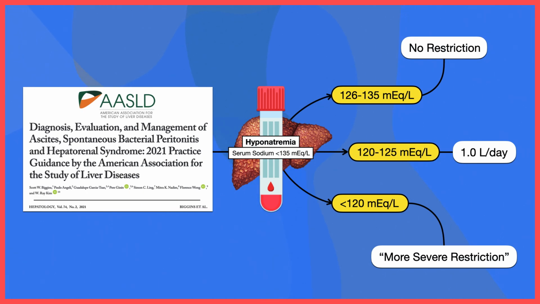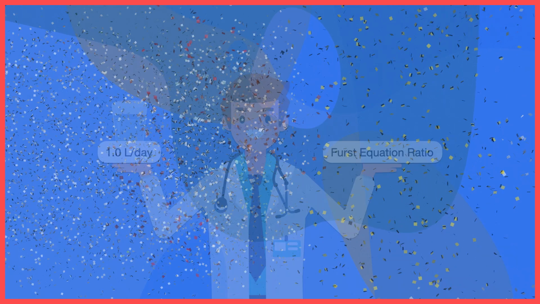For cirrhosis, they recommend no fluid restriction when the serum sodium is greater than 126 milliequivalents per liter, a fluid restriction of 1 liter per day when the serum sodium is 120 to 125 milliequivalents per liter, and a more severe restriction when the serum sodium is less than 120, though they don't specify what it should be.